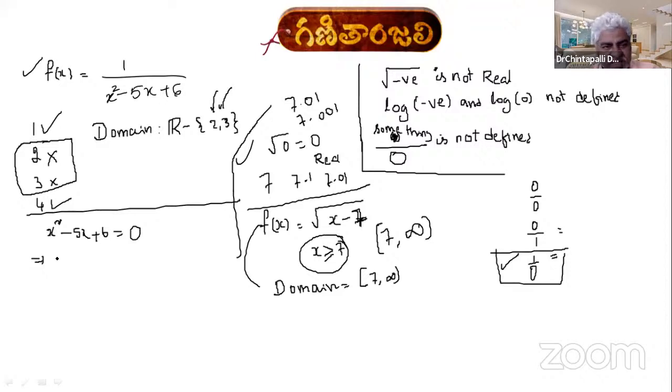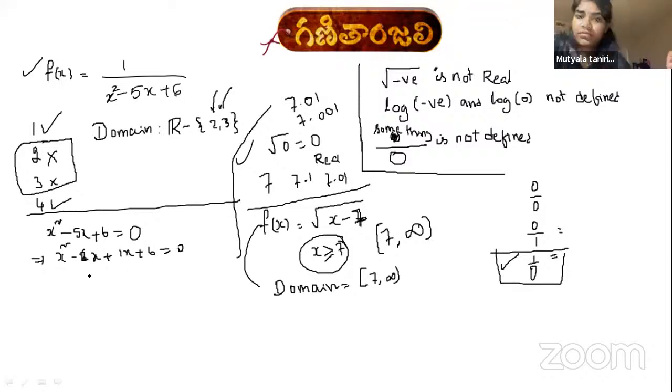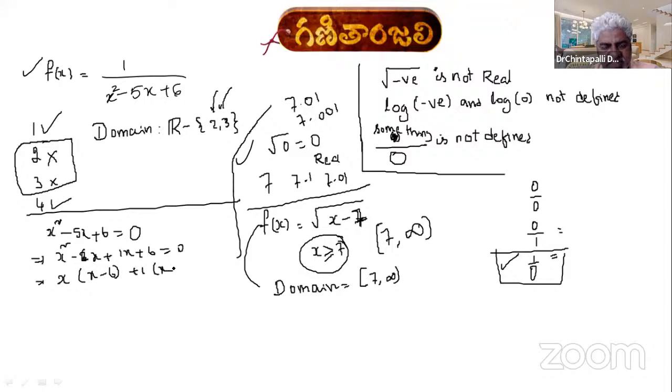What is its factorization? x square minus 6x plus 1x plus 6? No, it's not correct. If we take x common, x times x minus 6, plus 1 common, x plus 6.